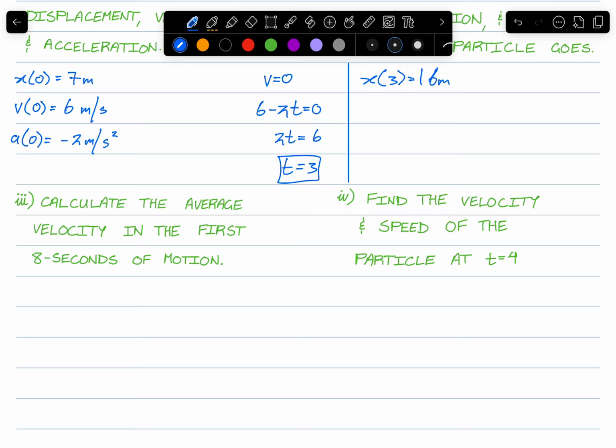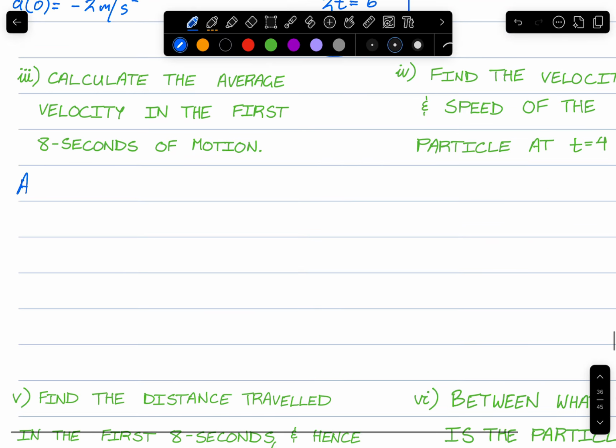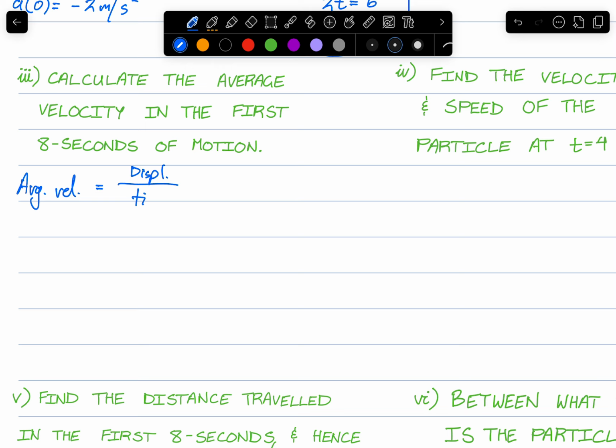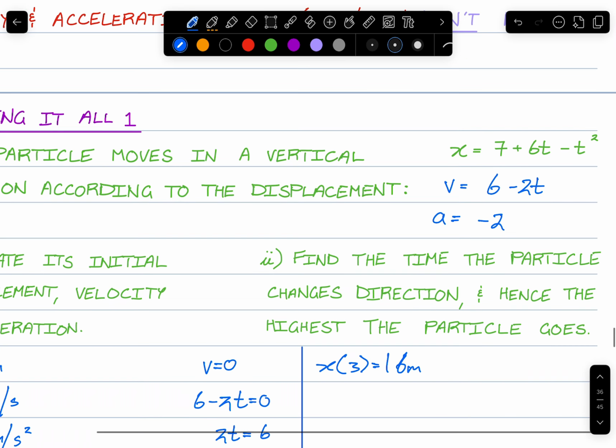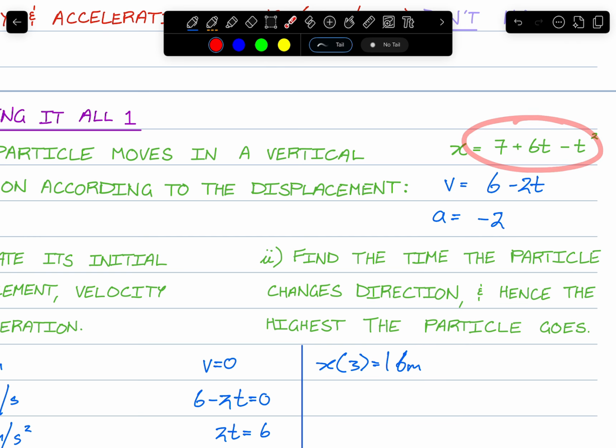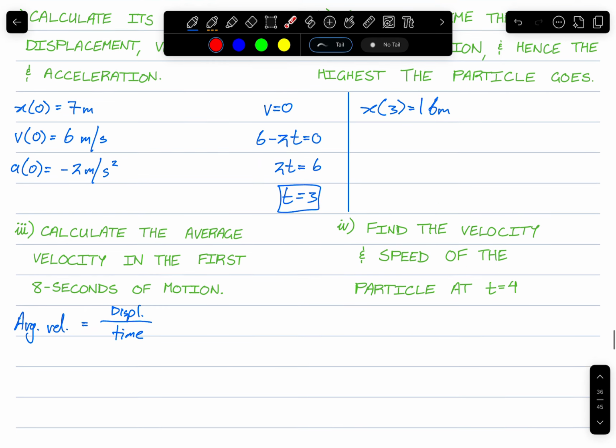Average velocity is the change in displacement over time. Or just to keep it very simple, find the gradient of the secant of this function between the two given points of time.